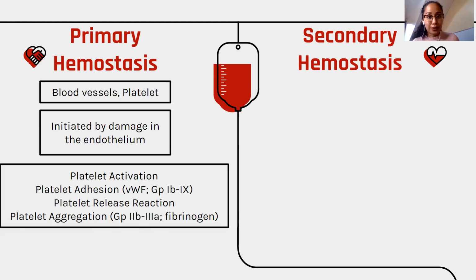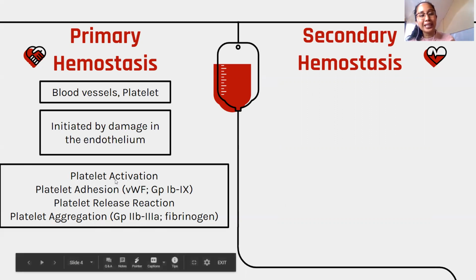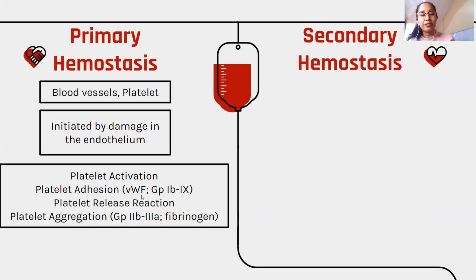Adhesion means sticking. Where will the platelet stick? Your platelet will adhere on the walls of your blood vessel at the site of injury. And the glue that facilitates the adhesion of your platelet to your blood vessel is VWF, the von Willebrand factor.